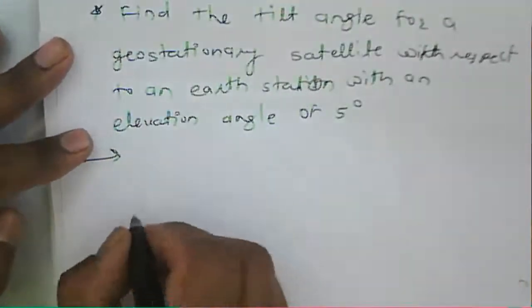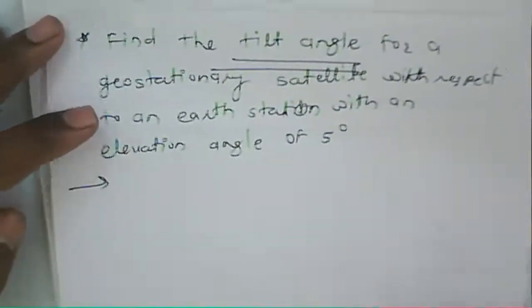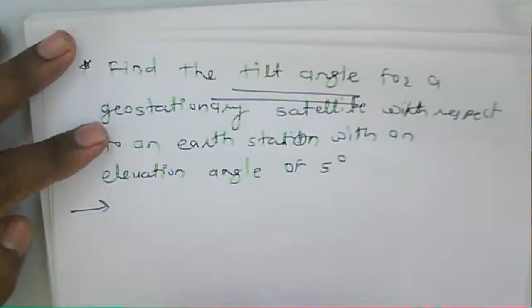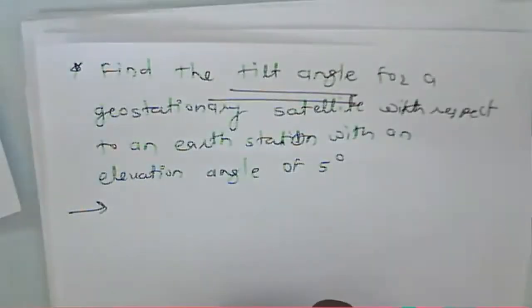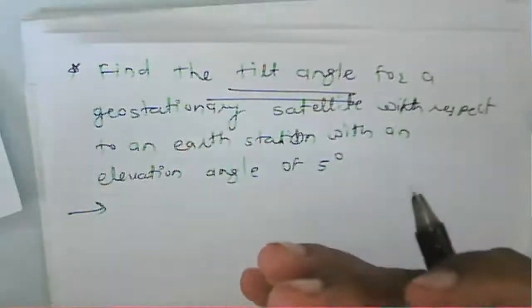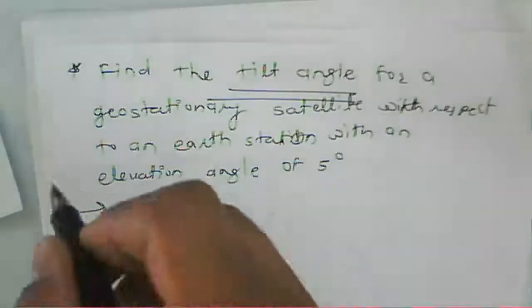So for this we need to find the tilt angle. That tilt angle is nothing but the angle measured at the satellite, between the line joining the satellite and the earth station and the line to the sub-satellite point.